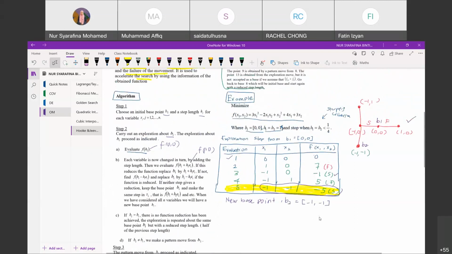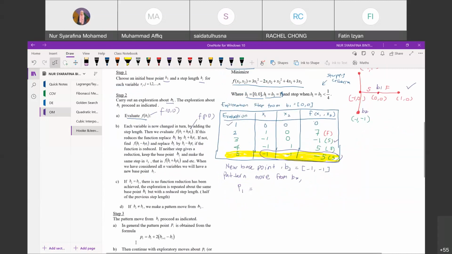So our pattern move from B2 is given by P equals B1 plus 2, B2 minus B1.